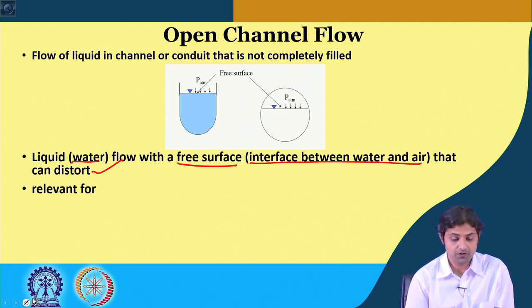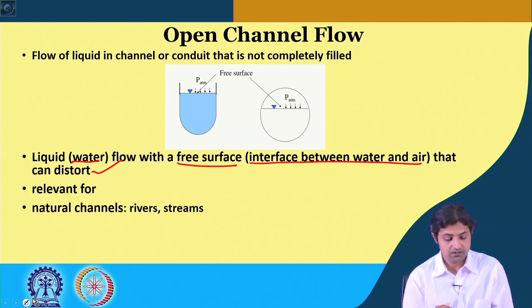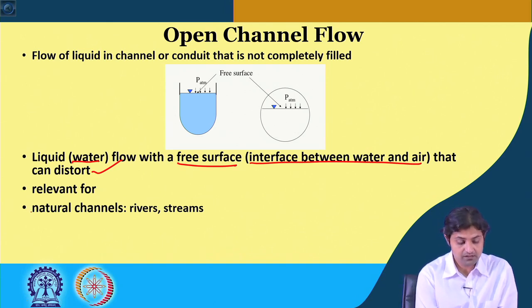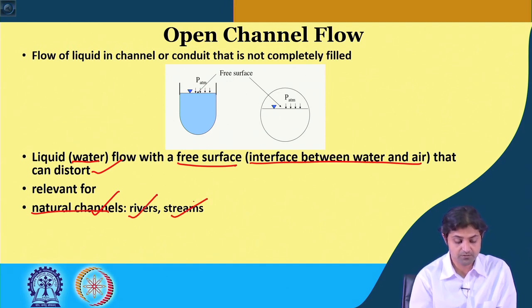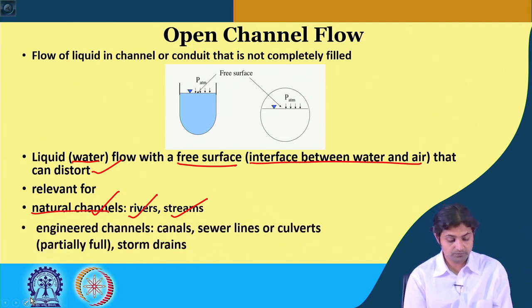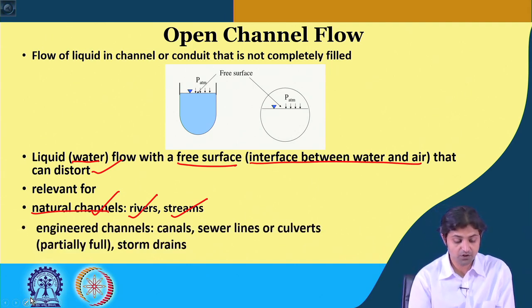The study of open channel flow is relevant for natural channels. This is one of the important areas, and the flow in rivers and streams is a sort of open channel flow. Also, it is relevant not only for natural channels, but for engineered channels like canals, sewer lines or culverts, where the culverts are partially full.